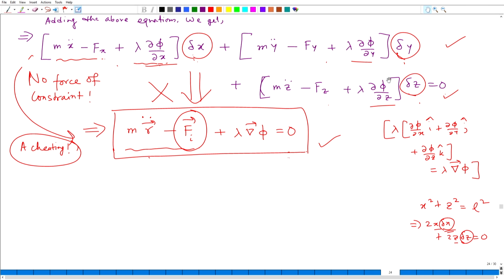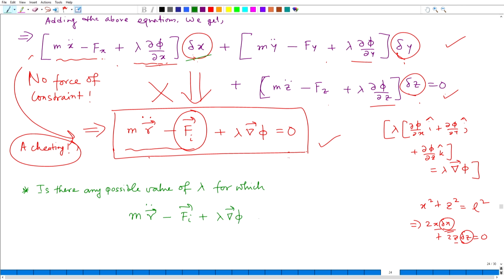But I can now ask this question, is there any possible value of lambda for which, even if delta x, delta y, delta z are not independent, finally I can write m r double dot minus F plus lambda gradient of phi is equal to 0.